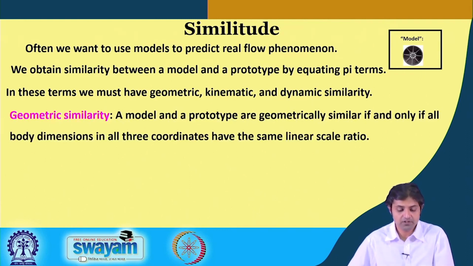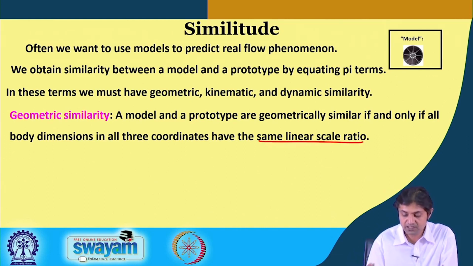What is a geometric similarity? A model and a prototype are geometrically similar if and only if all the body dimensions in all the 3 coordinates have the same linear scale ratio.